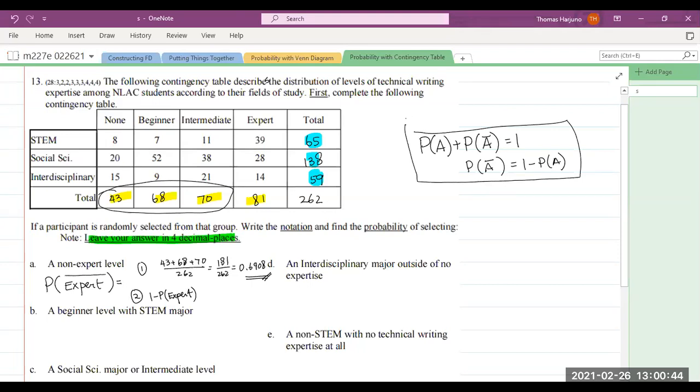Therefore, to compute the probability of not an event, outside of A, is the same as 1 minus probability of that event. Now, that's the second way. The second way is 1 minus probability of expert, which is 81 over 262. That's 0.6908. Okay, you should get the same answer.